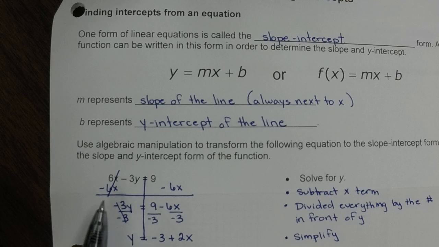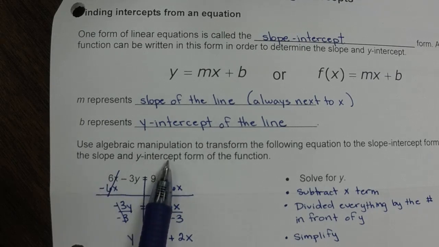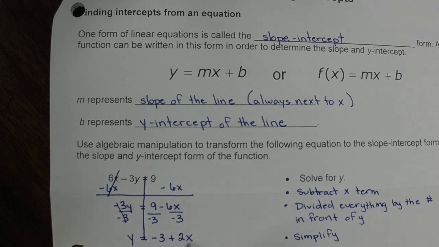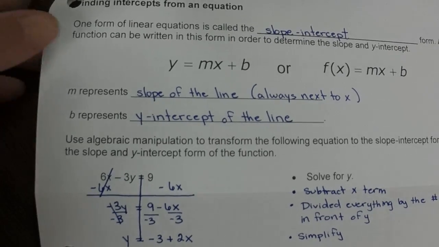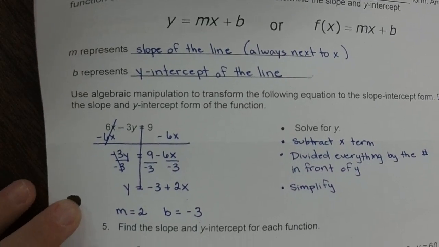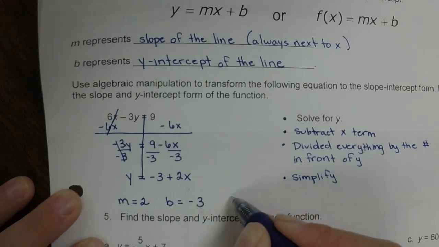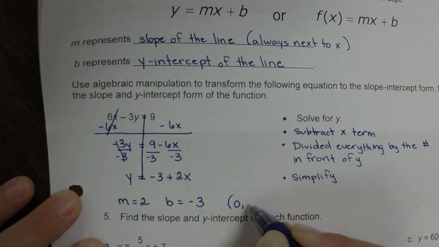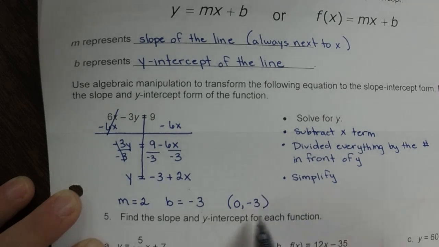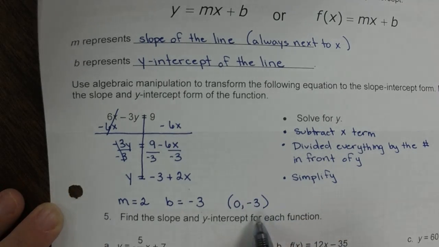So now I'm supposed to identify the slope and the y-intercept. Remember, my m is whatever is in front of x. Here's x, so my m is 2. And then my b, or my y-intercept, is negative 3. But what would that be as an ordered pair? Well, remember, our y-intercept is 0 for x and a number for y. So this is the new part, being able to actually identify it as an ordered pair.